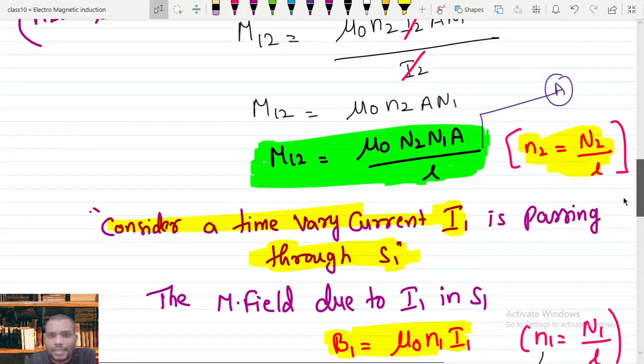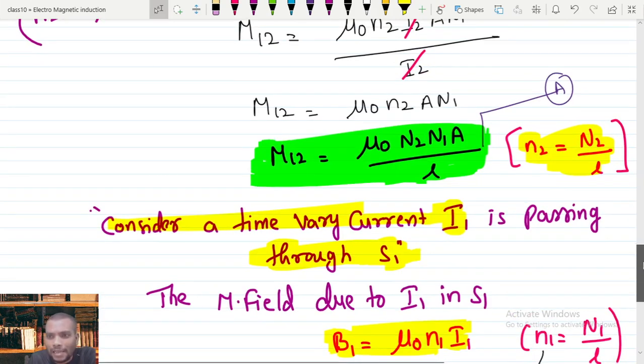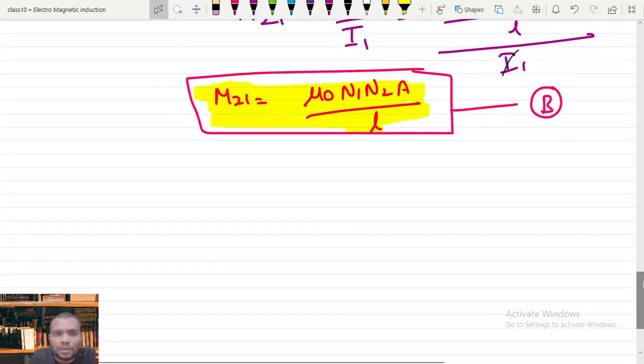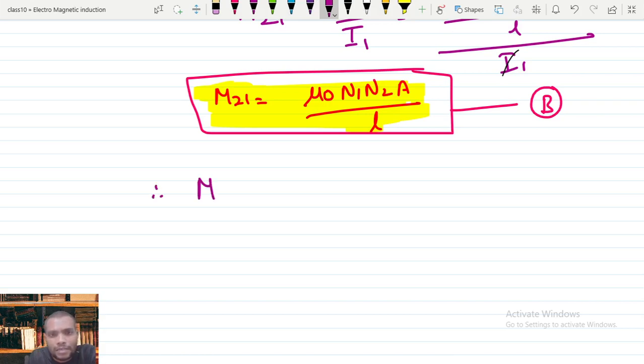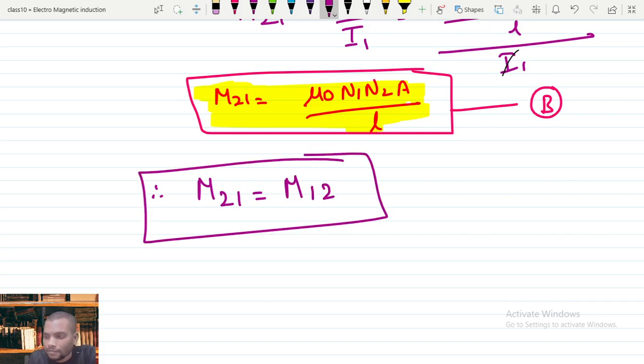The mutual inductance of first coil with respect to second coil equal to mu naught times capital N1 N2 A upon L. The same expression, the mutual inductance of coil 2 with respect to coil 1 equal to mu naught times N1 N2 A upon L. So therefore, we got the conclusion that mutual inductance of second coil with respect to first coil is equal to mutual inductance of first coil with respect to second coil. So they both are equal.